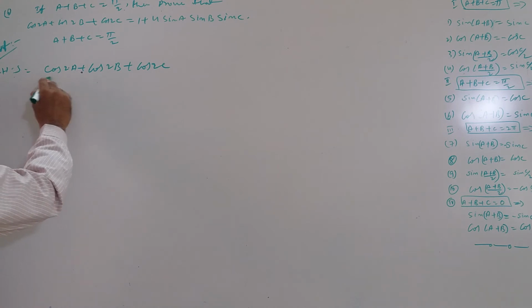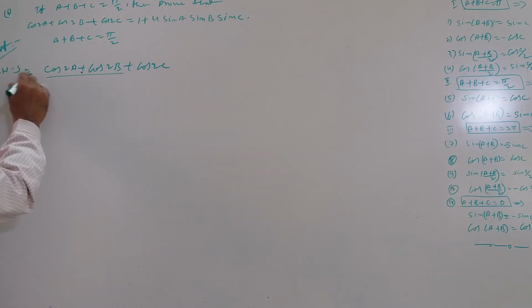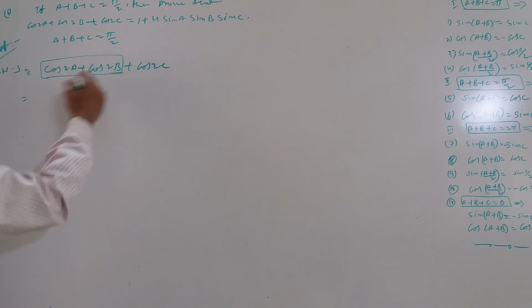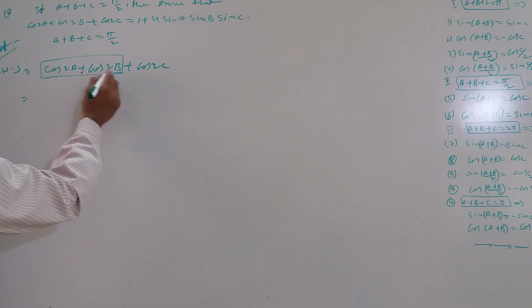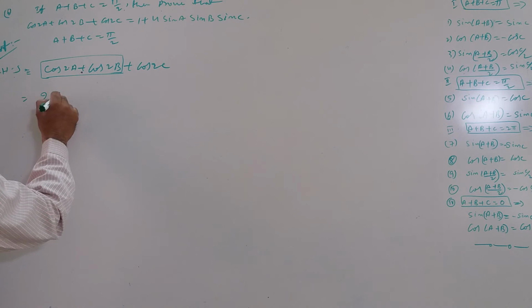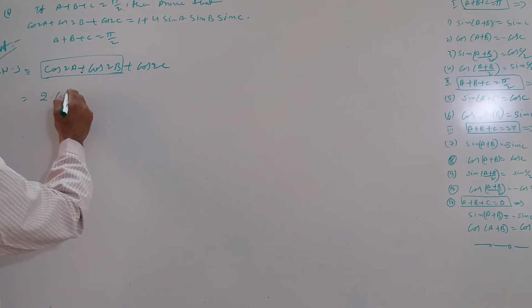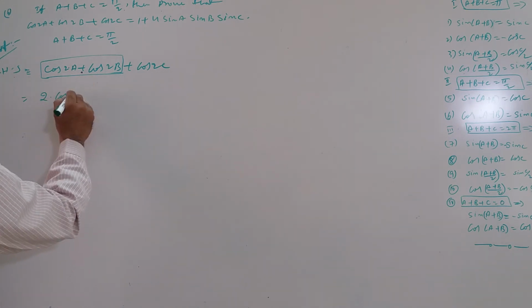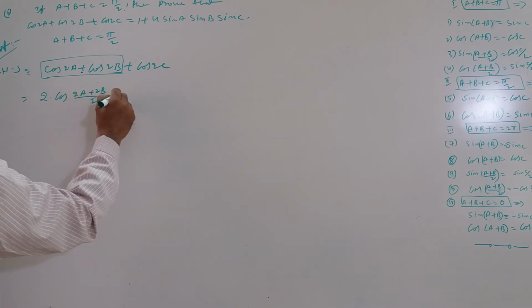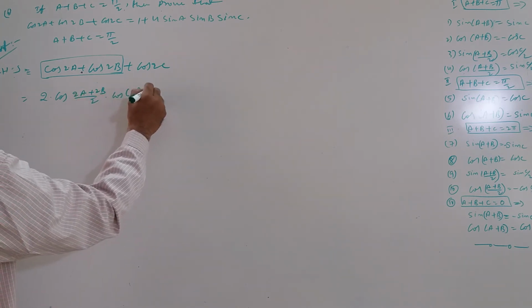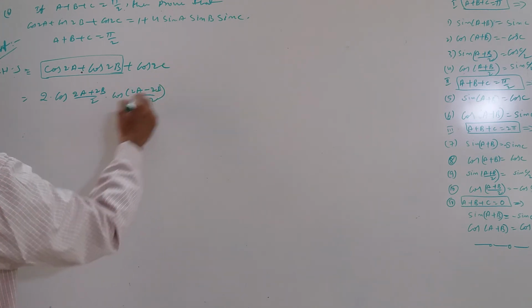By taking these two, cos 2a plus cos 2b, by using the cos C plus cos D formula, this can be written as 2 cos of (2a plus 2b) by 2 into cos of (2a minus 2b) by 2.